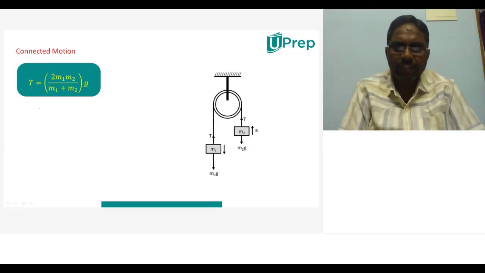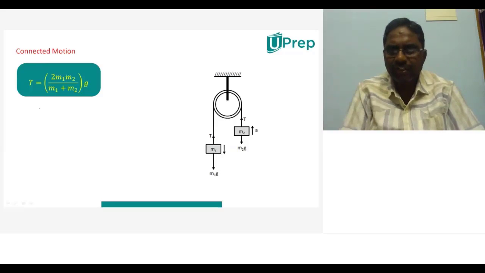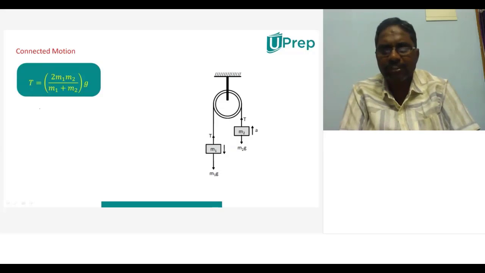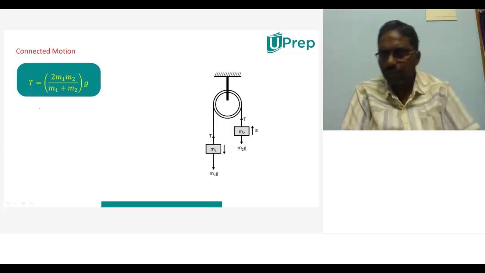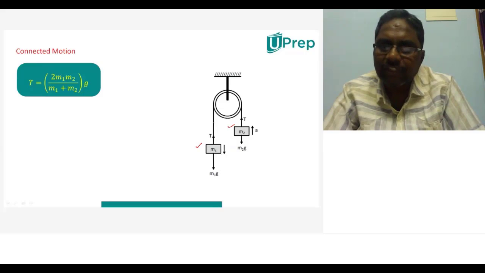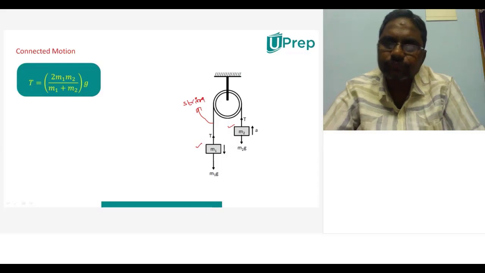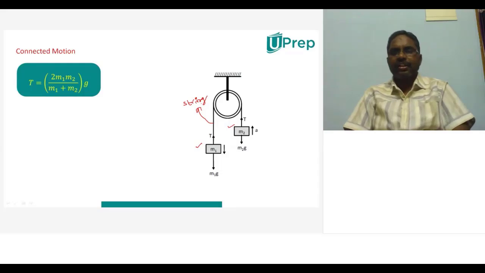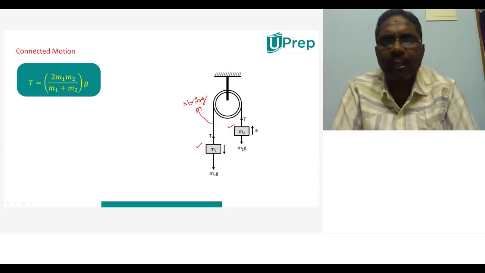Maybe you are observing one diagram in the slide. In that diagram, how many masses are there, Arnav? Two masses. One is mass m1 and the other is mass m2, and these two are connected with some string. Let us consider the string is a very flexible one, which does not have much mass.